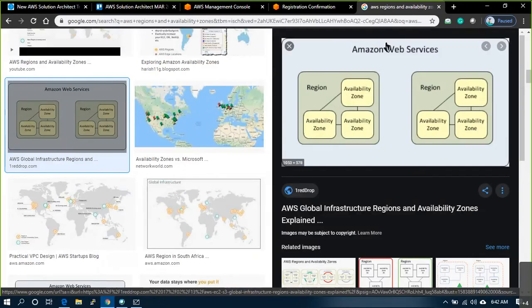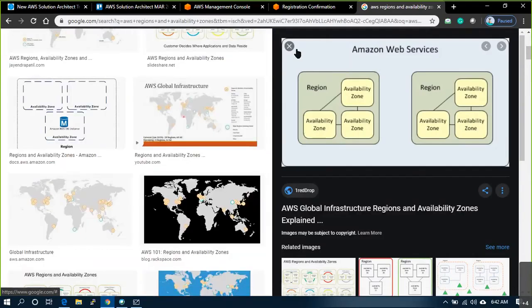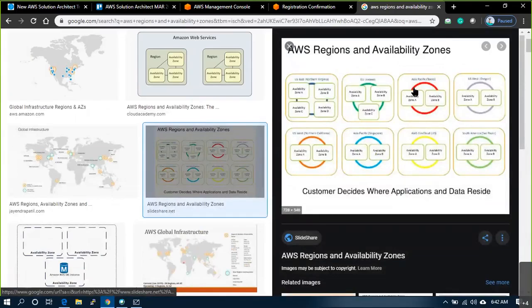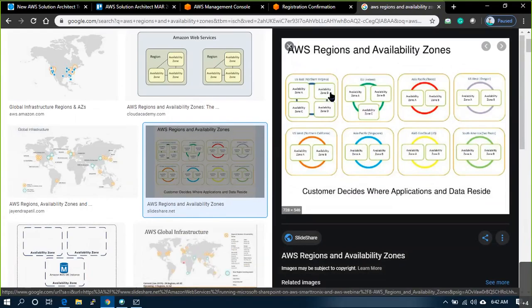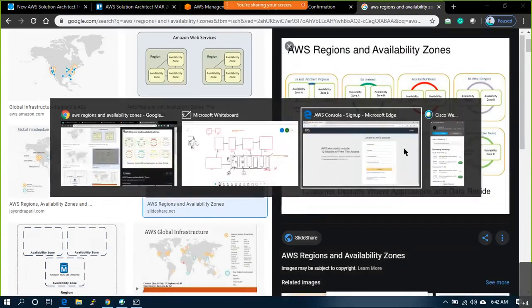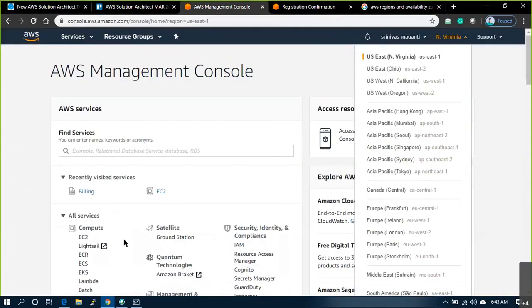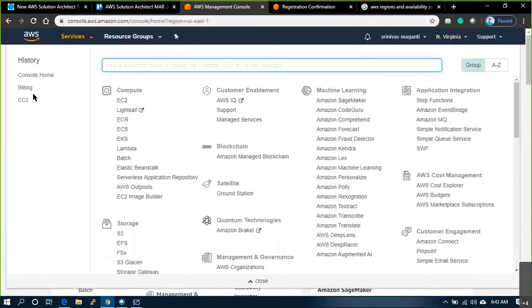Region and availability zone, that's fine. Some locations have only two regions, but in Ohio you'll see six. It's a bigger one because most of the business runs over there, and they are maintaining around six, in North Virginia and Ohio as well. If you want to look, I'll show you.